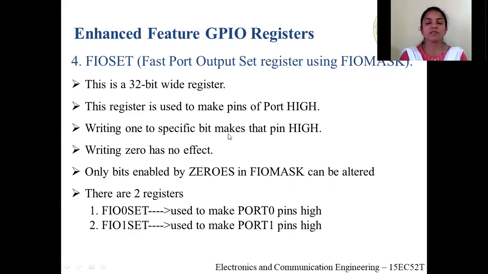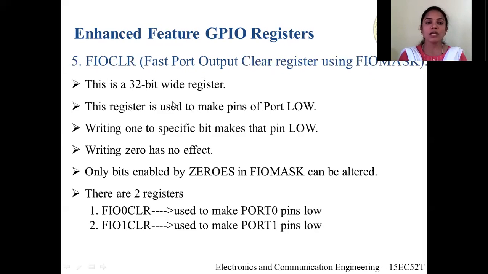Writing 1 to a specific bit makes that pin high. If you want to set logic 1 on that pin, you have to write value 1 to the FIOSET register. Writing 0 has no effect. Only bits enabled by zeros in FIO mask can be altered.